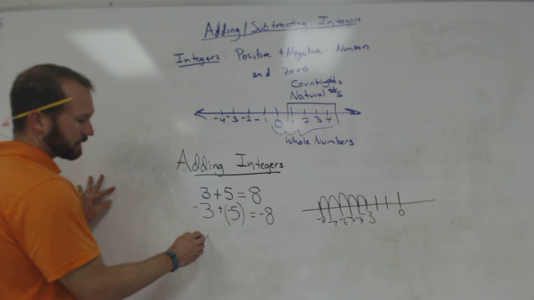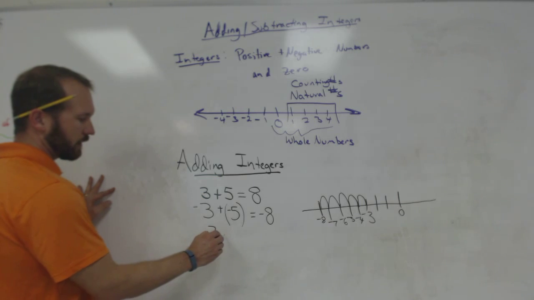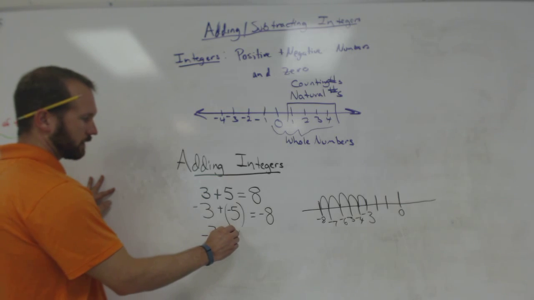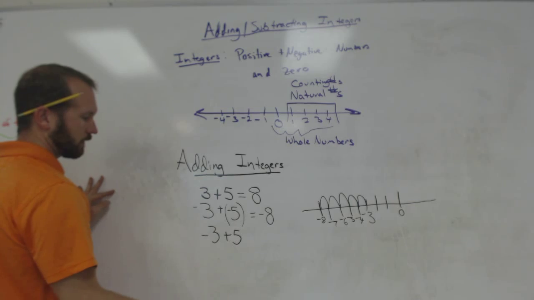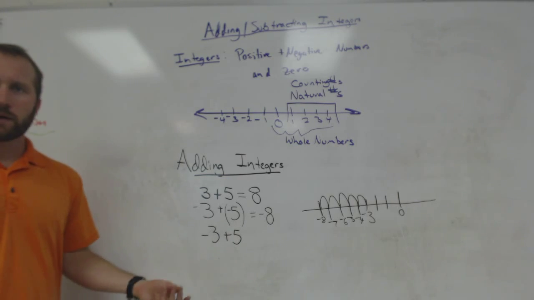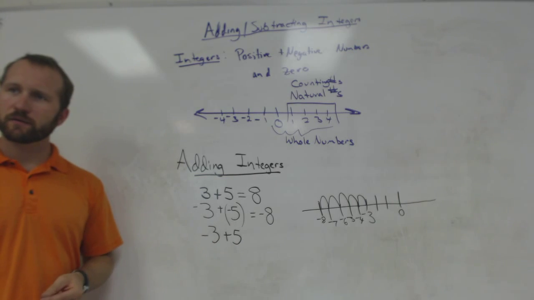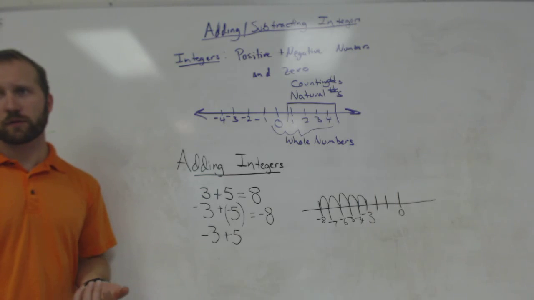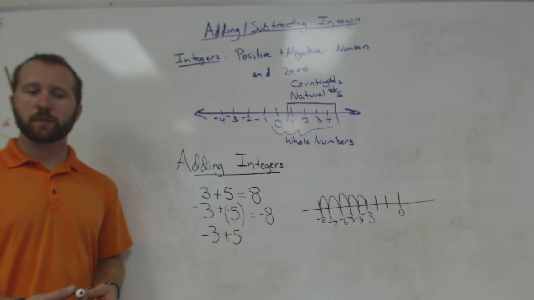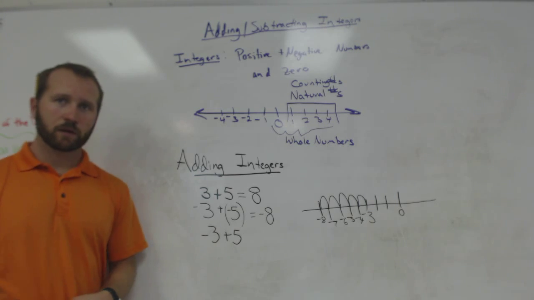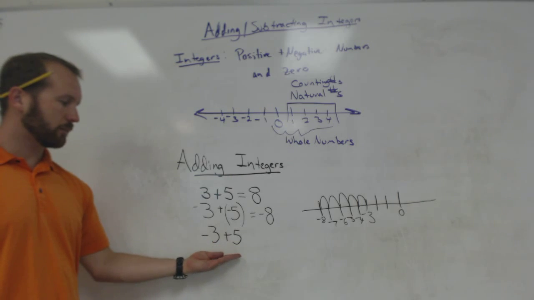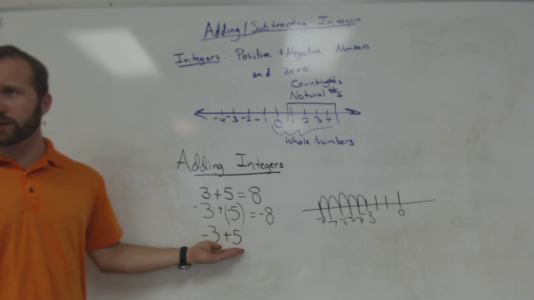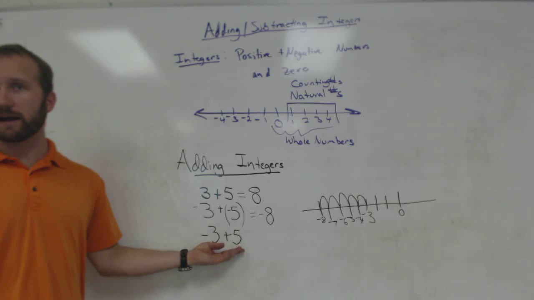What if they have opposite signs? So what if I have negative 3 plus 5? Positive. A negative plus a positive can be negative or it can be positive. It depends on one thing. Which number is bigger? So in this case, the positive number is bigger, 5.